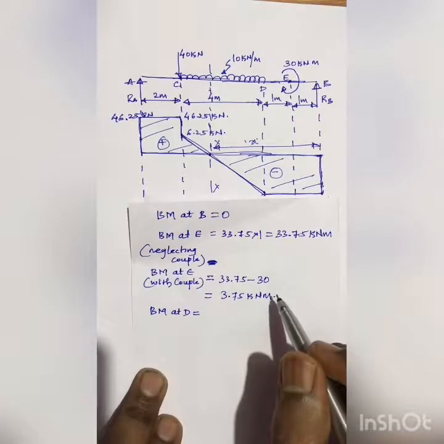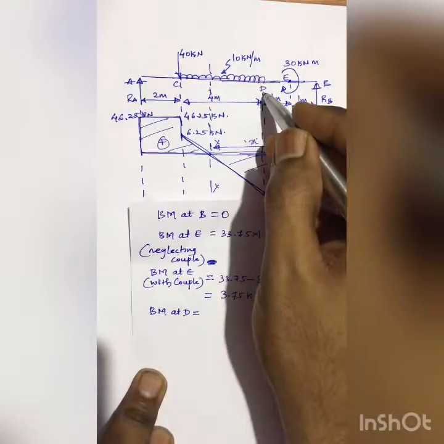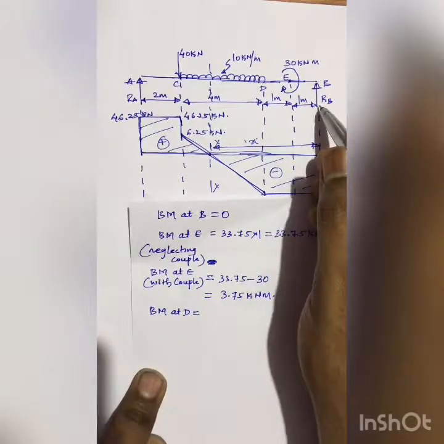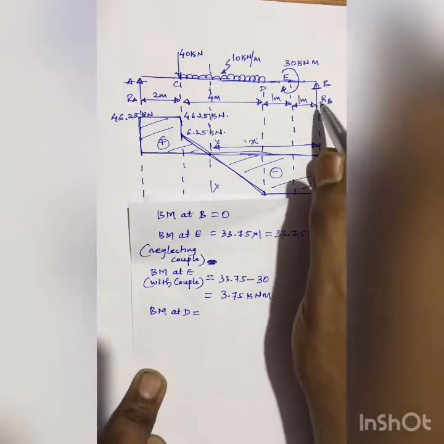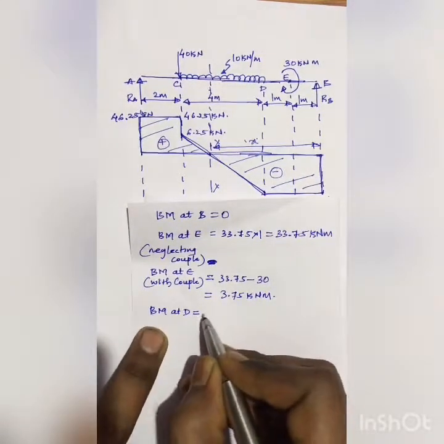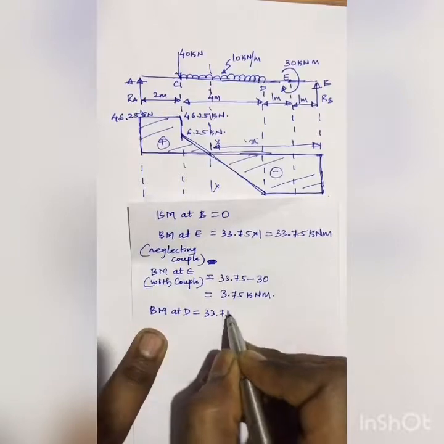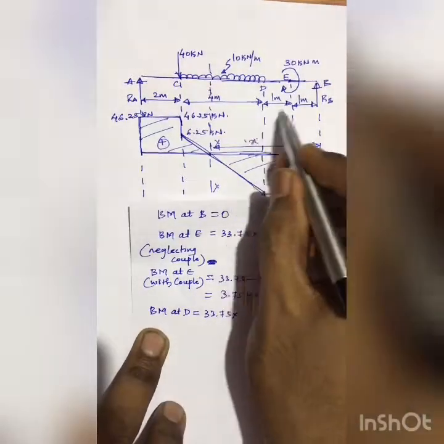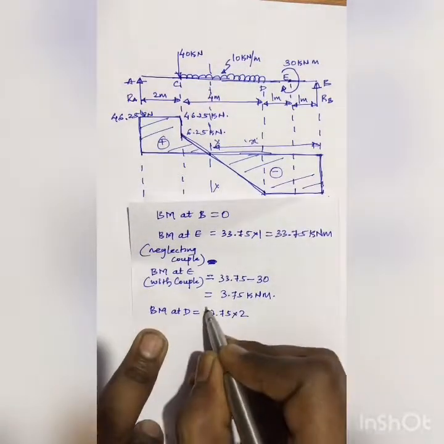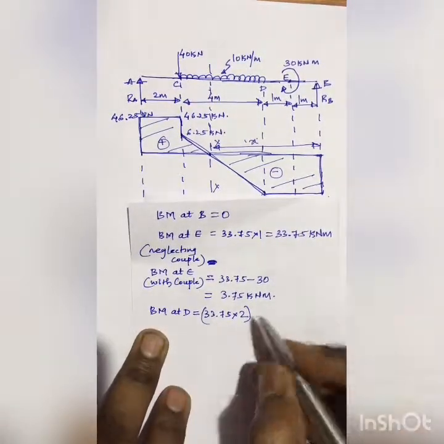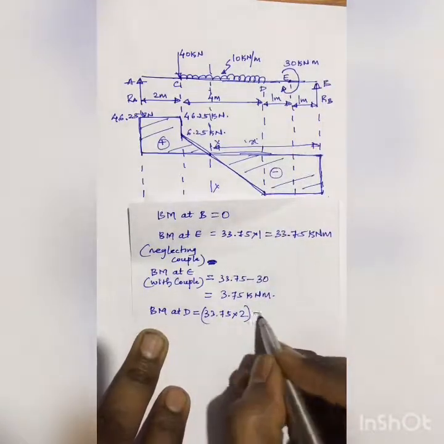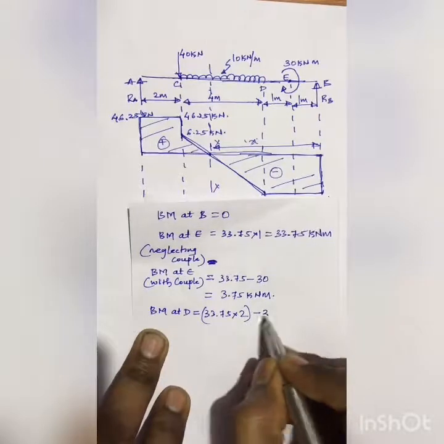Next I'll have to find out the bending moment at point D. So first I'll consider this force RB, which is 33.75, and RB is causing anti-clockwise moment and hence it will be positive. So I'll write RB, which is 33.75 into the distance from point D. Distance from point D to RB is 2 meter, and I'll have to subtract this couple now, minus 30.